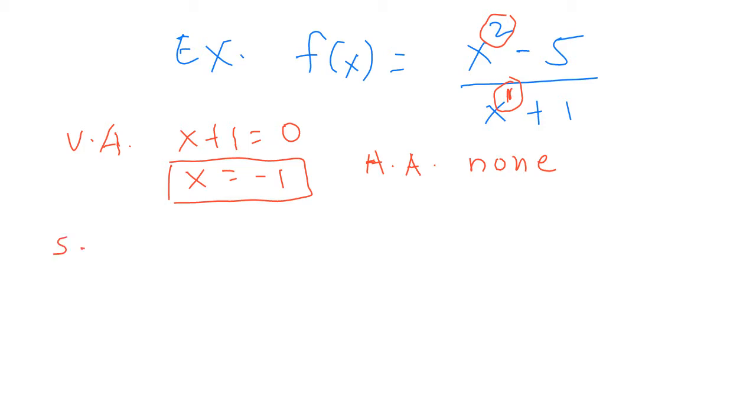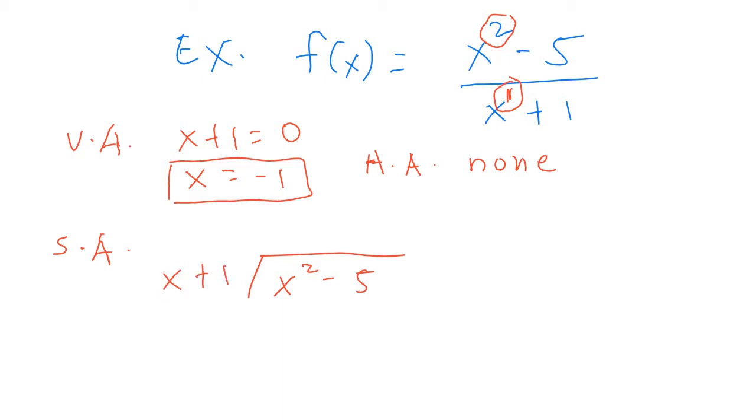For the slanted asymptote, or oblique asymptote, the rule here is to divide the top by the bottom. So we will do that. Our dividend is on the numerator, so that's x squared minus 5 divided by x plus 1.